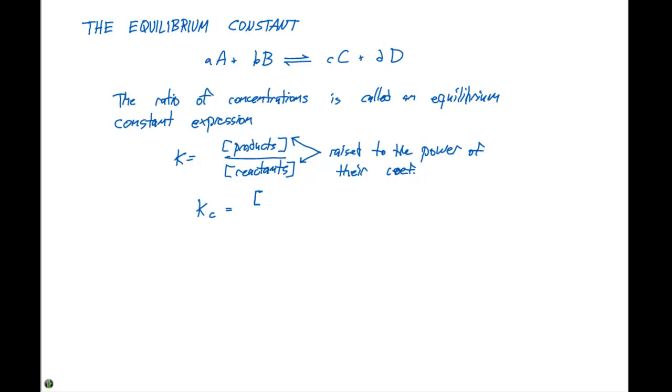For this particular reaction, we take the concentration of C raised to the C power times the concentration of D raised to the D power, divided by the concentration of A to the A power times the concentration of B to the B power. This is our equilibrium expression, the ratio of the products divided by the concentrations of the reactants.